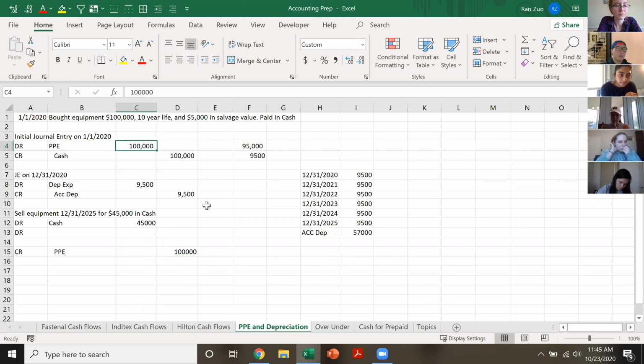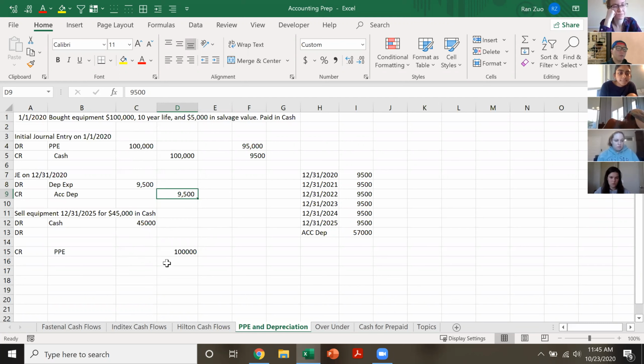That doesn't change. The only thing that changes is the accumulated depreciation year over year, and that decreases PP&E. It's a contra asset account, remember? And the net PP&E is the line that shows up on the balance sheet. So when you sell or get rid of your PP&E, you have to reverse out both of these accounts.